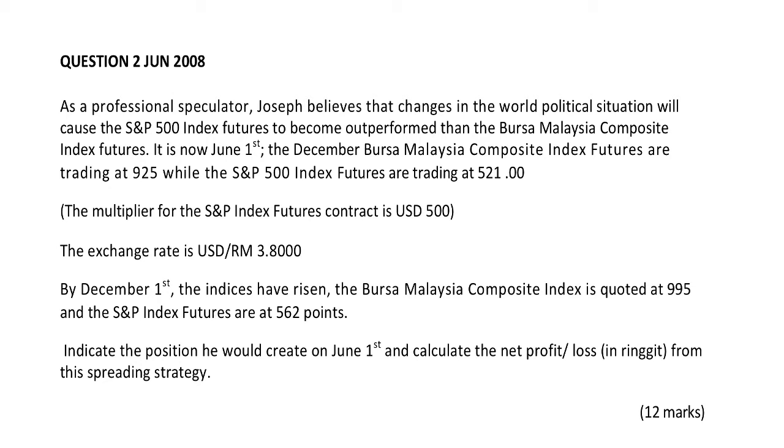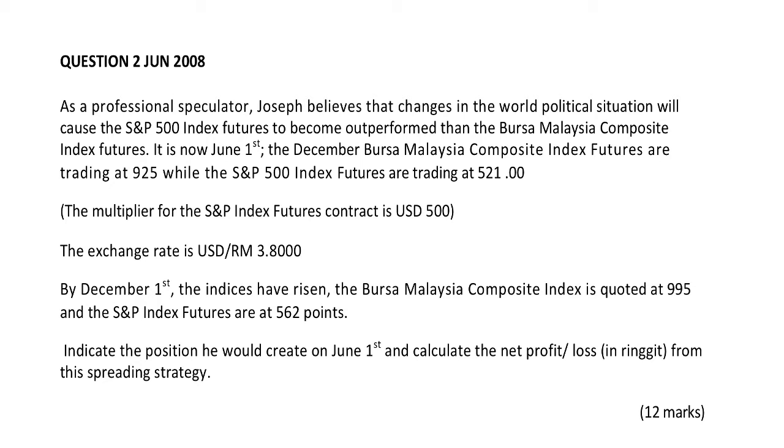It is now June 1st, the December Bursa Malaysia Composite Index futures are trading at 925, while the S&P 500 index futures are trading at 521. The multiplier for the S&P 500 index futures contract is USD 500. The multiplier is also known as size of contract. The exchange rate is USD to Ringgit Malaysia 3.8.